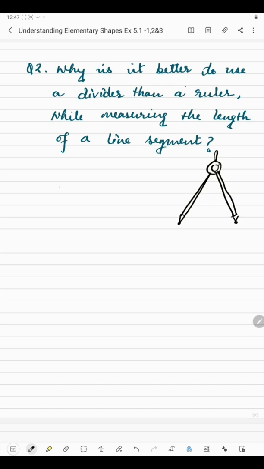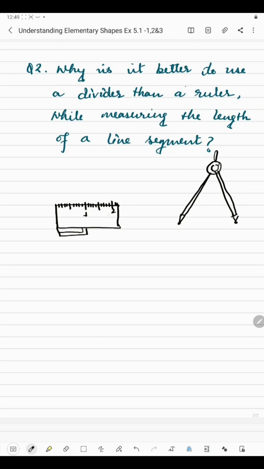Actually, like the line segment is of length, say, 6.1 centimeter or 6.2 centimeter, then 0.1 or 0.2 is difficult to measure if the scale is thick. Like if the scale is, suppose, this way.